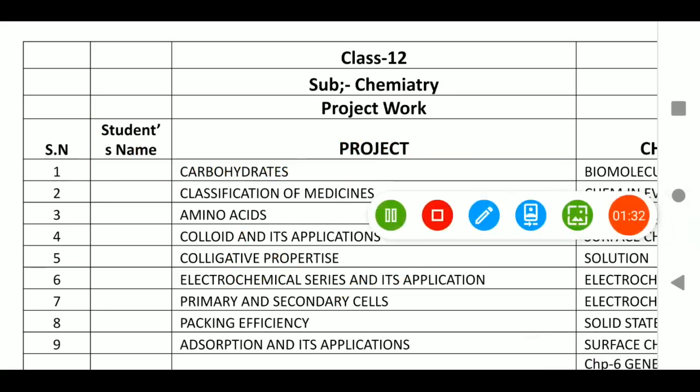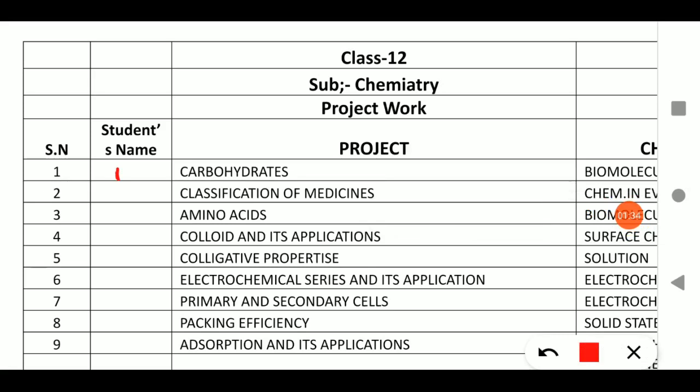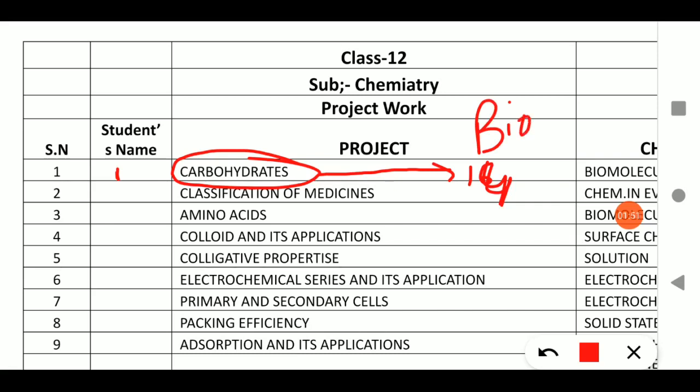For roll number 1, the name of the project is carbohydrate. You will get this topic from chapter number 14, that is biomolecules. In your book a chapter is there named biomolecules.